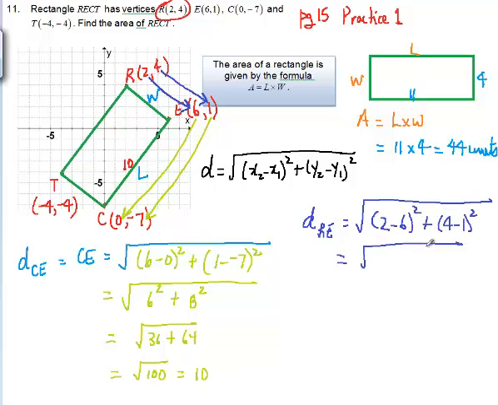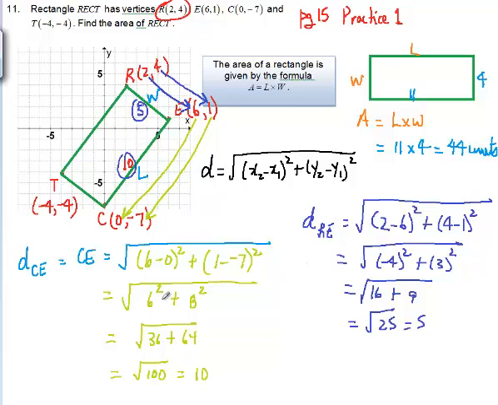So that's negative 4 squared plus 3 squared, so that's 16 plus 9, square root of 25, which is 5. So nice whole number answers for our width and our length.